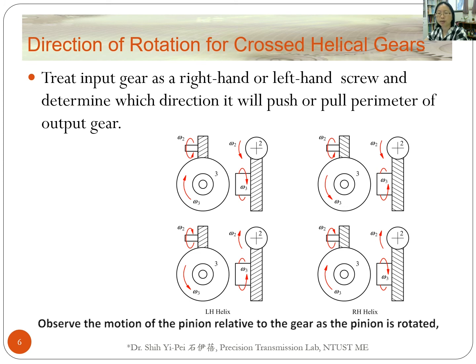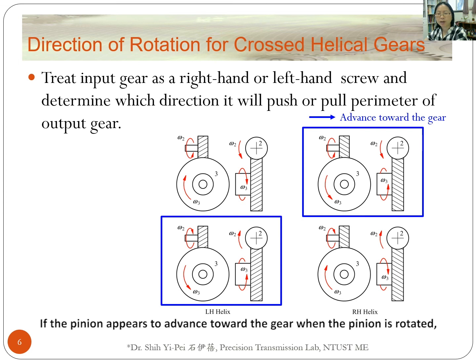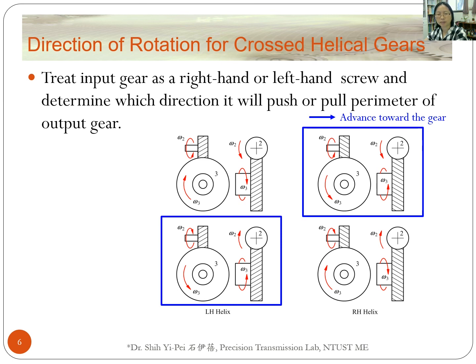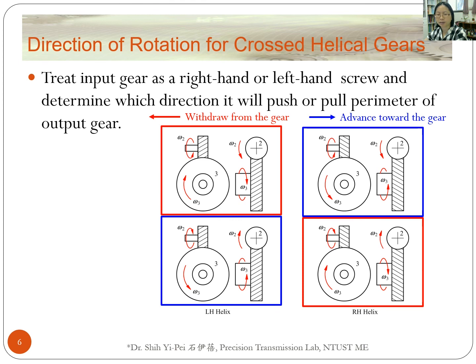Observe the motion of the pinion relative to the gear as the pinion is rotated, and the gear is viewed along the gear axis. If the pinion appears to advance toward the gear when the pinion is rotated, in reality, the gear will rotate in the counterclockwise direction. If the pinion appears to withdraw from the gear when the pinion is rotated, the gear will rotate in the clockwise direction.